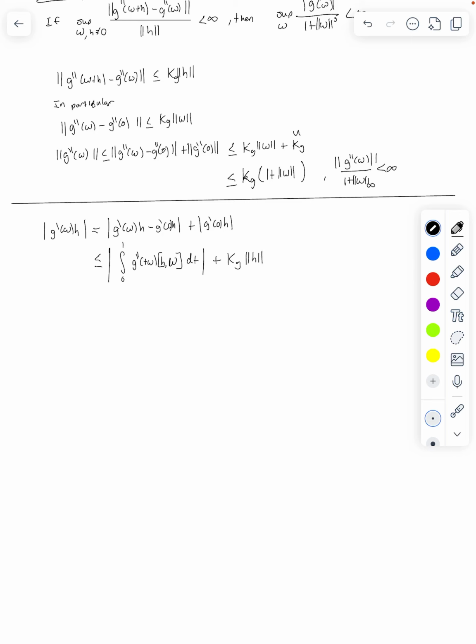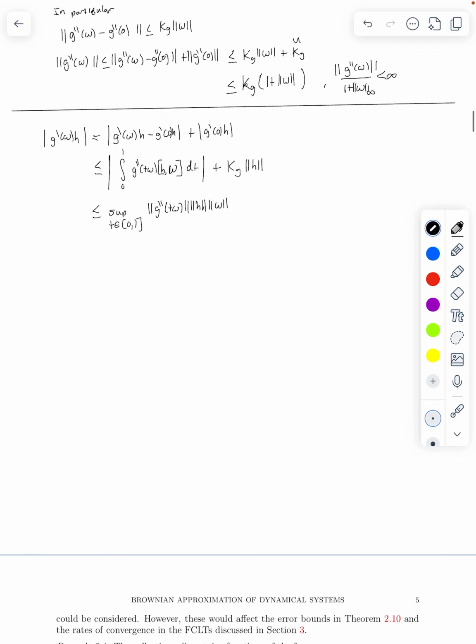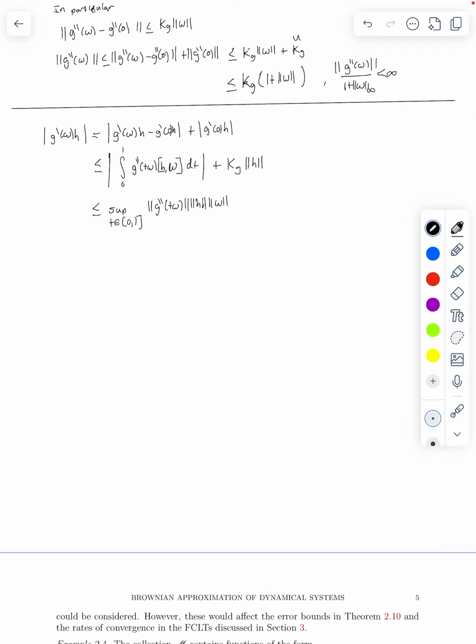Okay. And so this is clearly less than or equal to the supremum over t in 0, 1 of the norm of g double prime of tw, times the norm of h, norm of w. And of course plus kg times h.